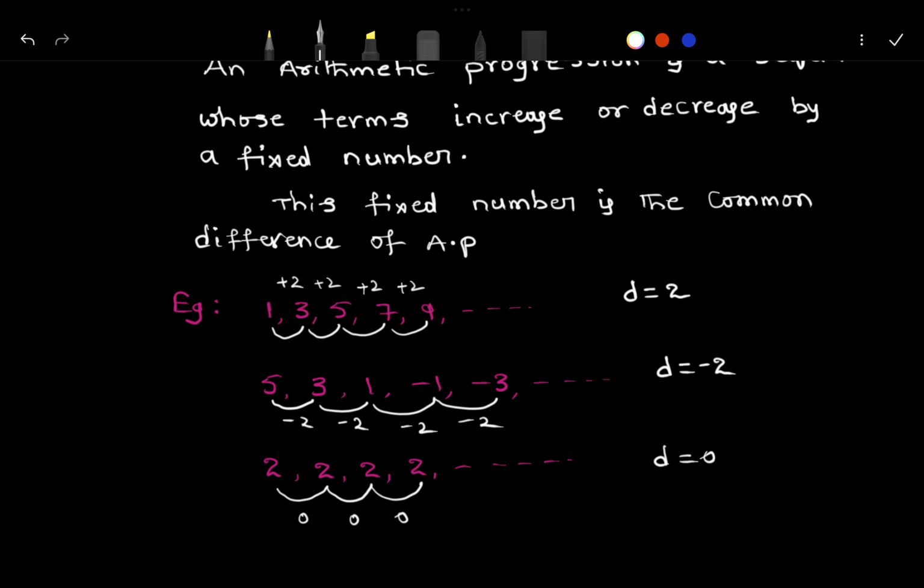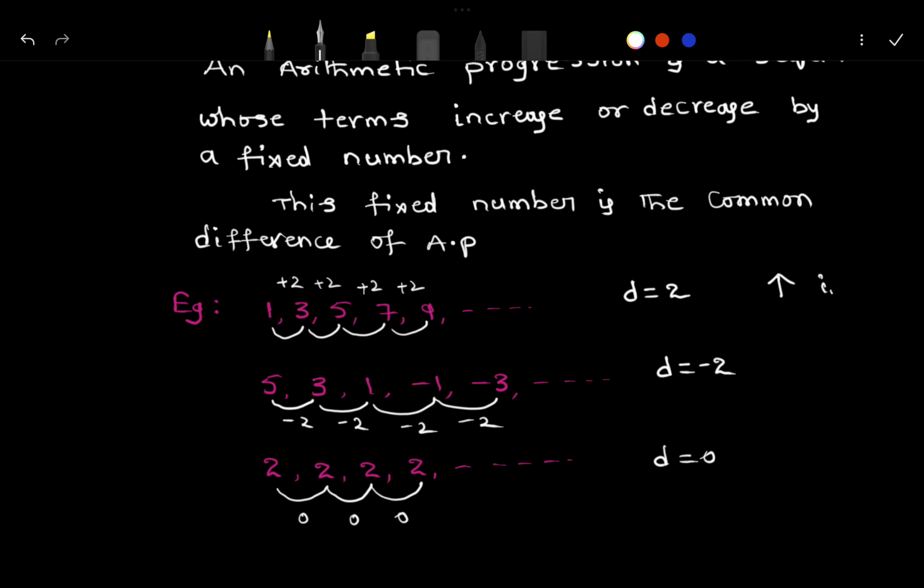What do you call the progression if the difference is positive? If the difference is positive, the sequence is nothing but an increasing sequence. So the first example is an increasing sequence.